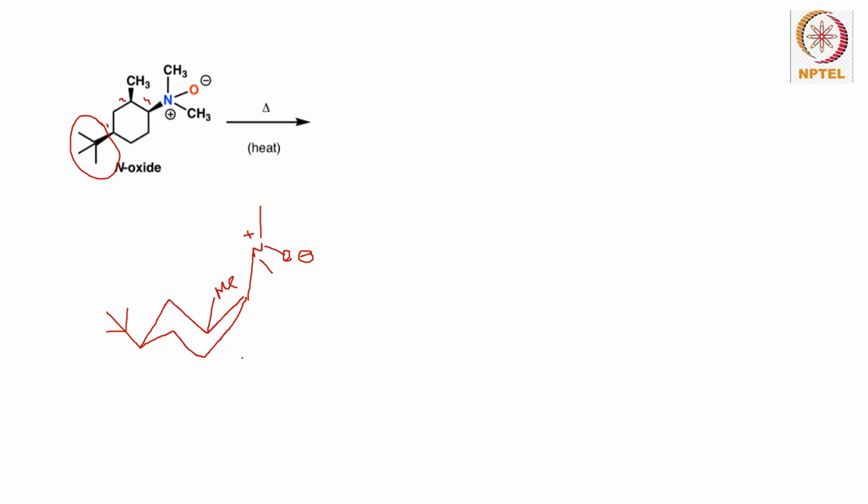So now it's a syn elimination, so it will take a syn hydrogen, which is also up. If it is up, it will take an up hydrogen. Here, as a methyl is already up, it can't take the methyl hydrogen from this position, so it will take hydrogen from this position.